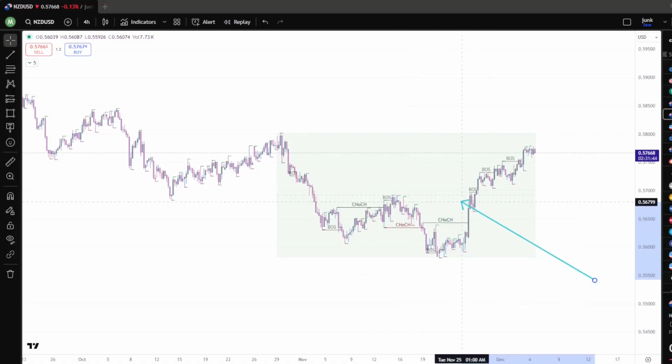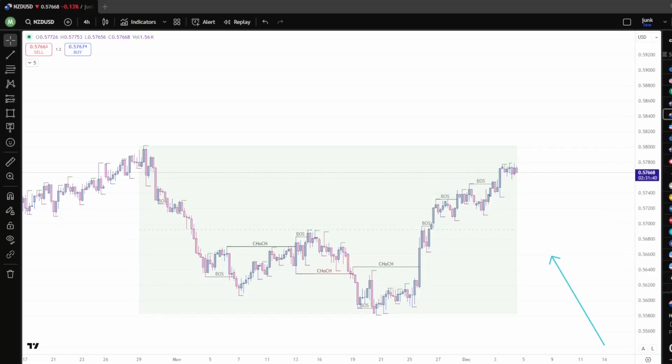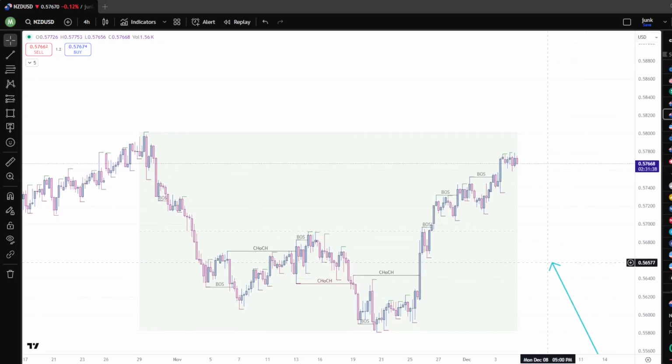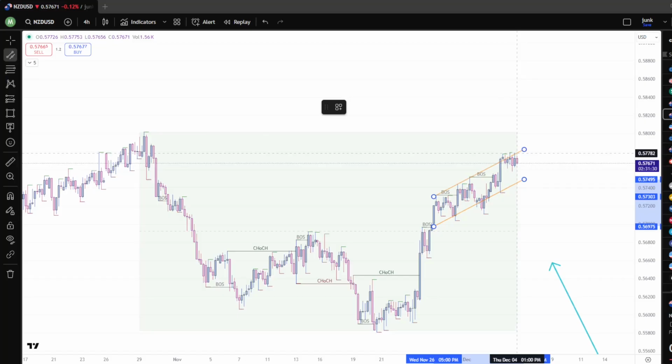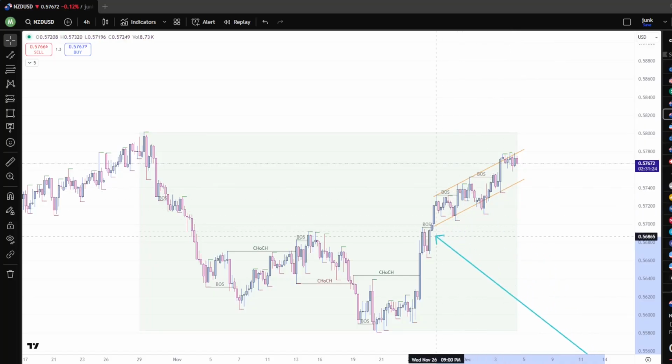I was waiting to see how strong that push can be back into premium. So it has gone and retraced further into premium. Probably invalidated this ascending channel. But if anything, if this does turn back bearish, then you expect this liquidity to be taken out.